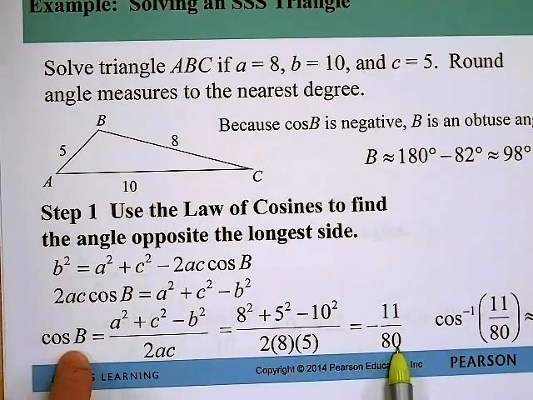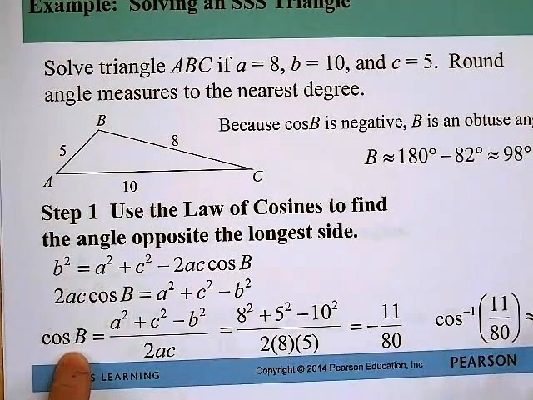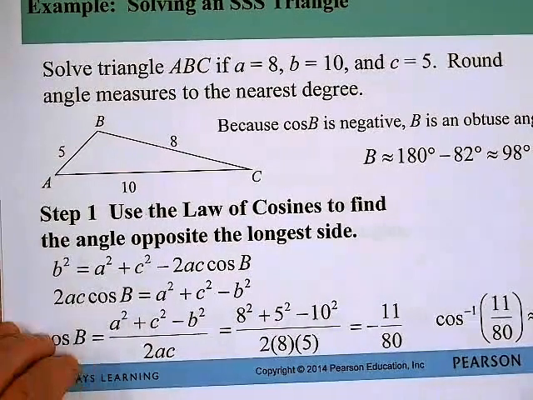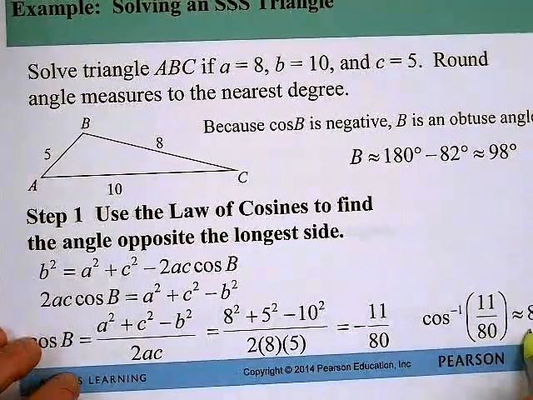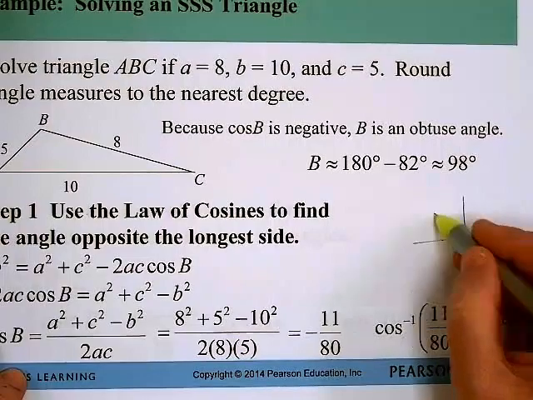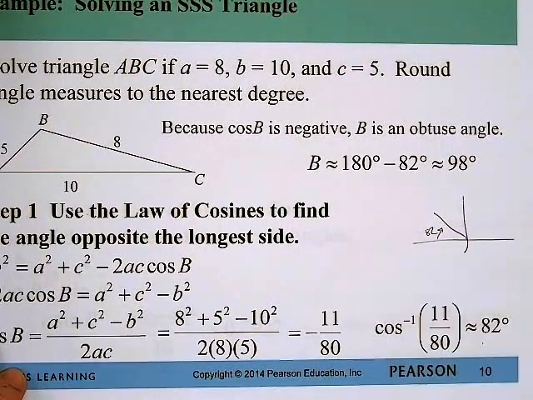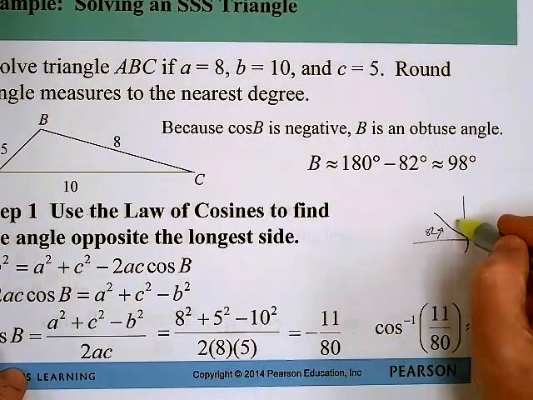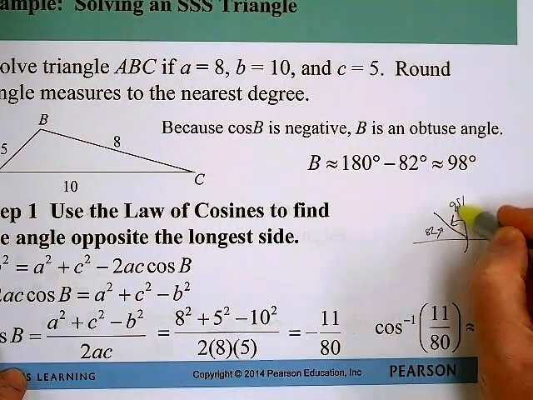Cosine is negative 11 over 80. So since the cosine was negative, I know that my angle is going to be obtuse. So I get it to be 82, but I know that it is 82 degrees up from that x-axis, so that's going to be an angle of 98 degrees.